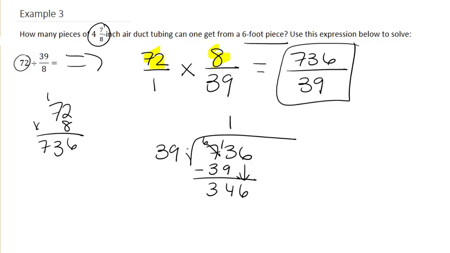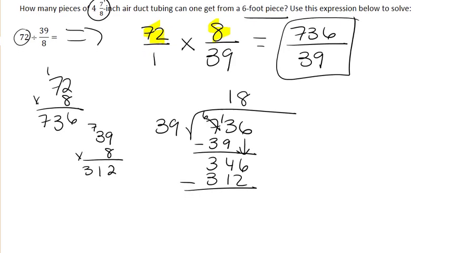And so now, 39 goes into 346 how many times? So we're going to guess 39 times 8 to get 72. And then 8 times 3 is 24 plus 7, which is 31. So pretty close. So now we can put 8 here and 312 here, and we subtract.